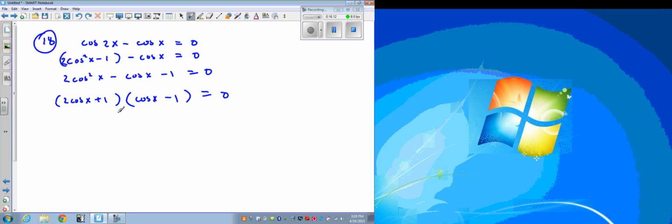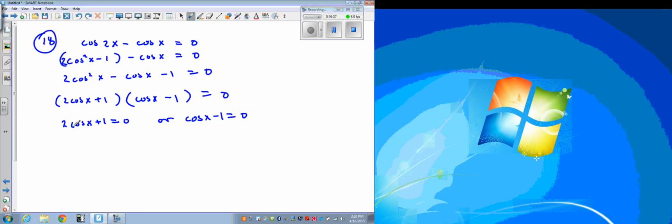Anytime you see something that looks like an identity, you want to try to substitute it. Now you take each one of these and set them equal to 0: 2 cosine x plus 1 equals 0, or cosine x minus 1 equals 0.